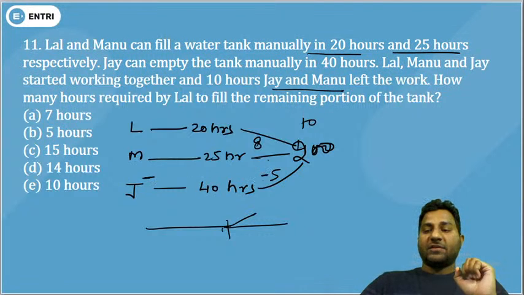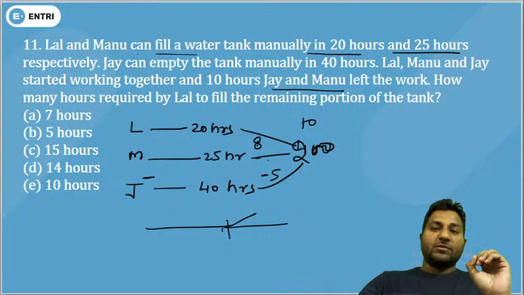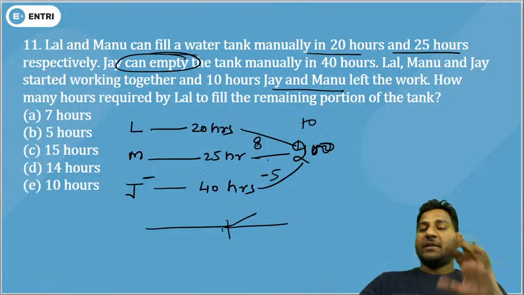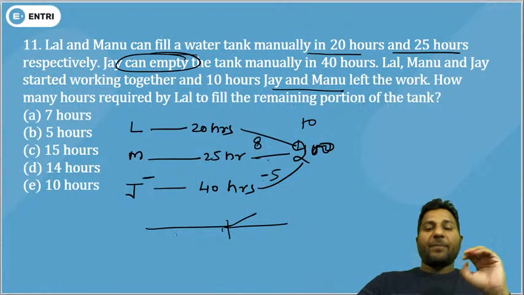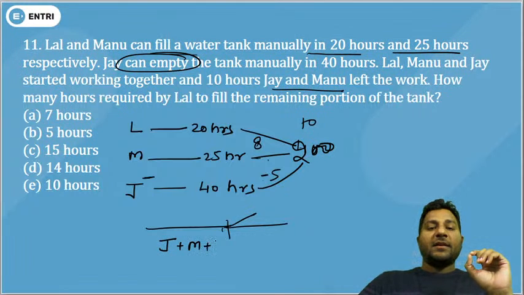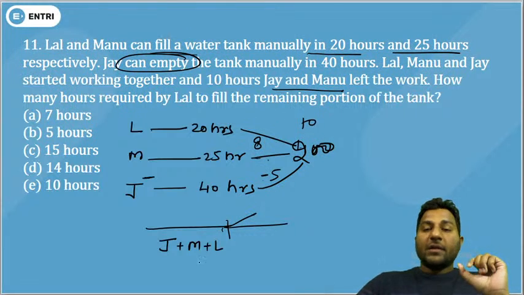Okay, so Jay's efficiency is, yes, I couldn't see that. Alright, so I didn't watch this. Okay, alright, so understood that. That means Jay, Manu, and Lal must have been doing what? 13 work for 10 days. That means 130 work has been completed in 10 days.